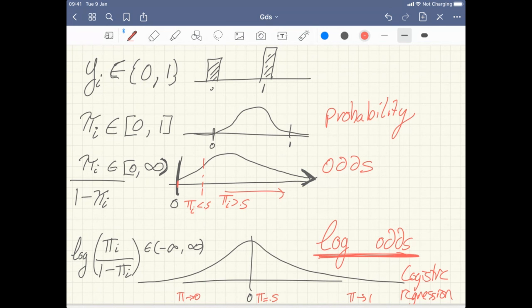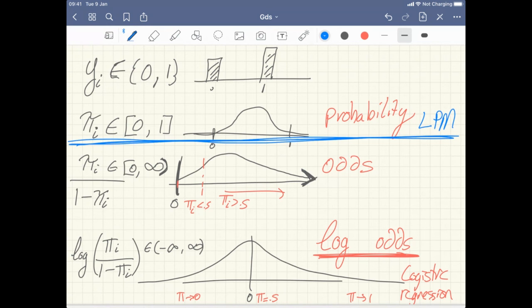So the point here is that the linear probability model stops here. And the logistic regression transforms these probabilities into an odds ratio, and then again into the log odds.